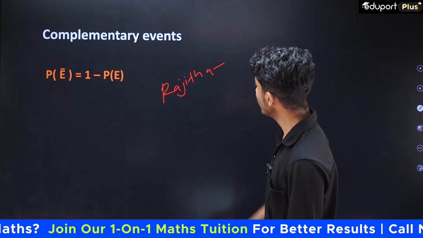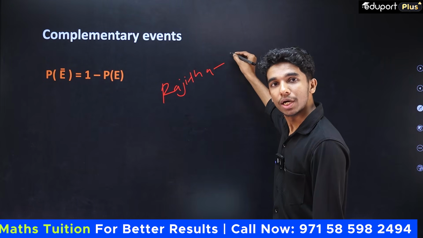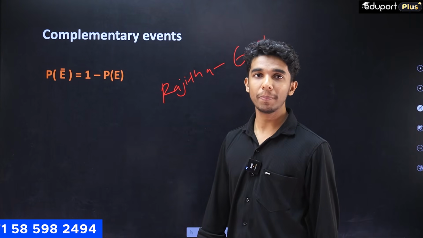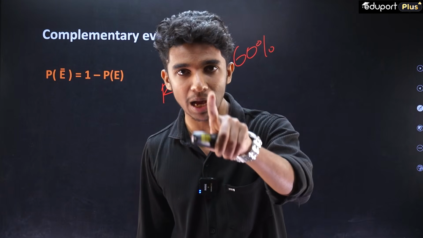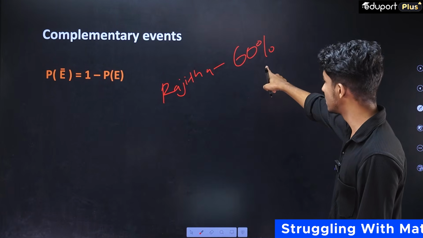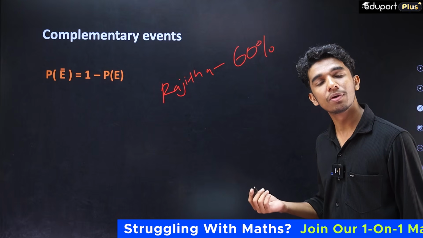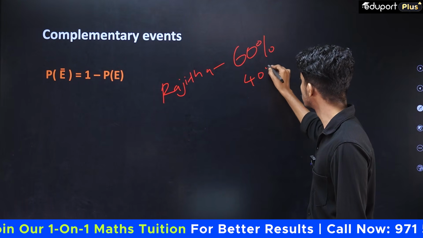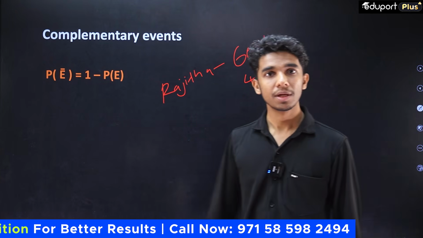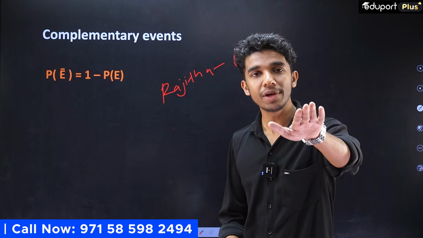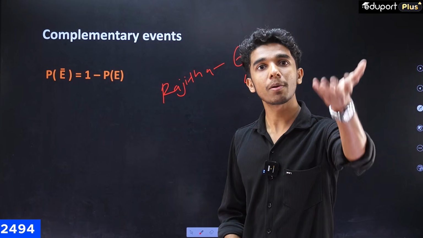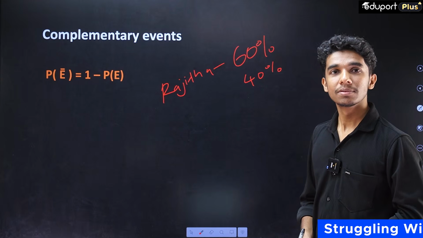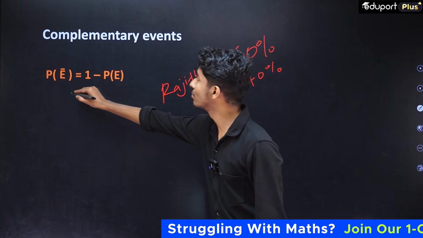If the probability of Regida passing the exam is 60%, what will be the probability of not passing? It will be 40%. The probability of failing will be 100 minus 60, which is 40%. The same idea is used here.